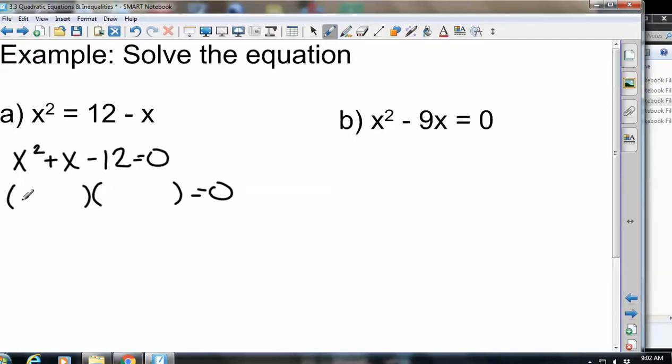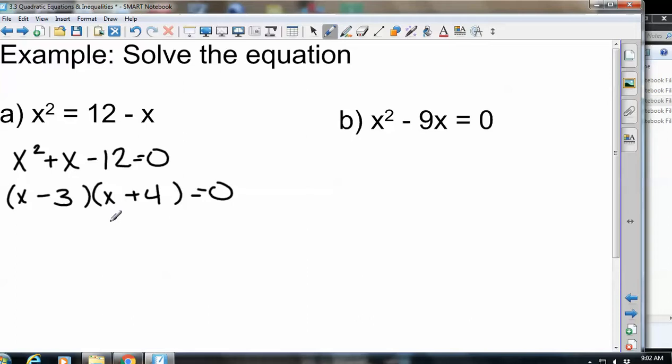Alright, so then x squared would break into x and x. Two numbers multiply to -12 and add to +1. So set it equal to 0. Factor.